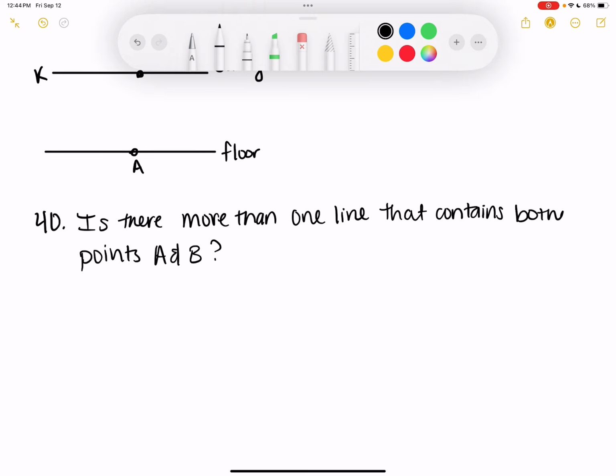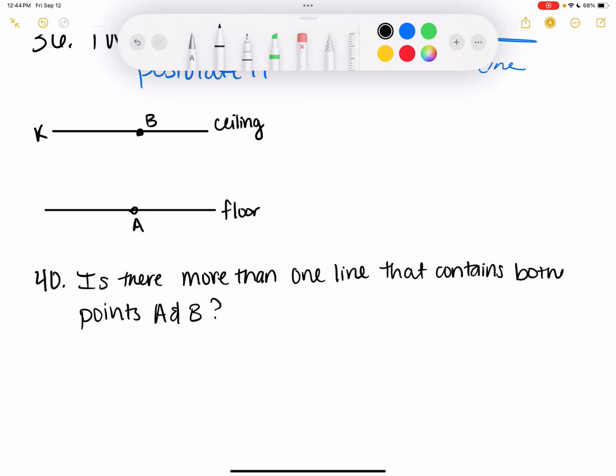What do you think? Okay, why? Because they're from top to bottom, meaning only one line would work, and it'd be straight down or up. So how about using a postulate? What would you say? There are any 2 points, there exists exactly one line. Yep. So we would say no by postulate 5.